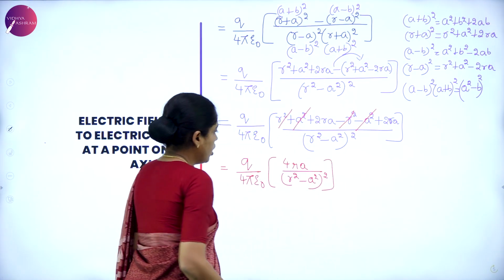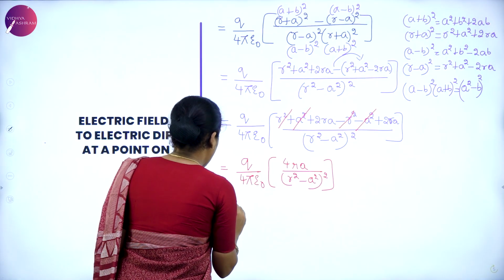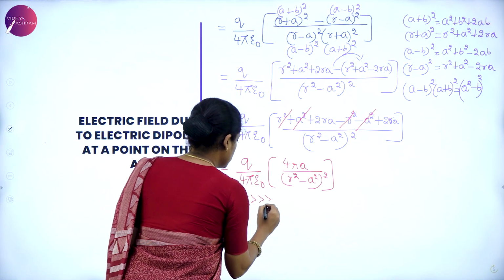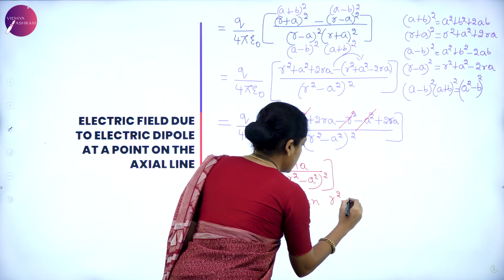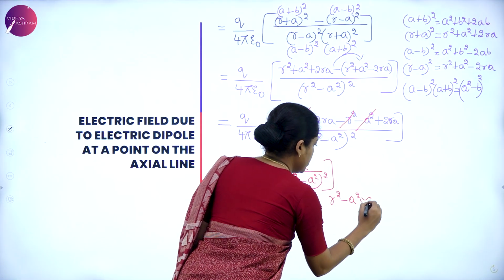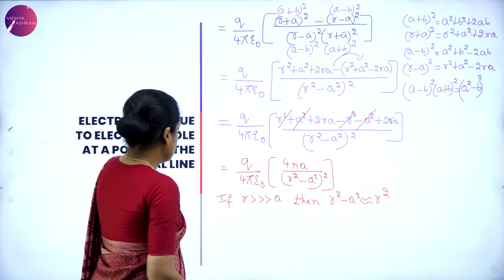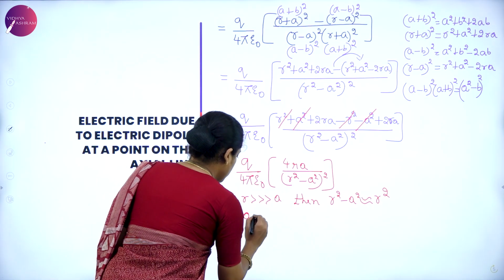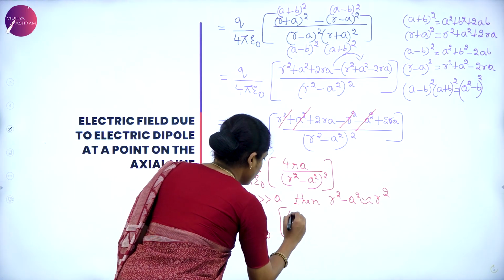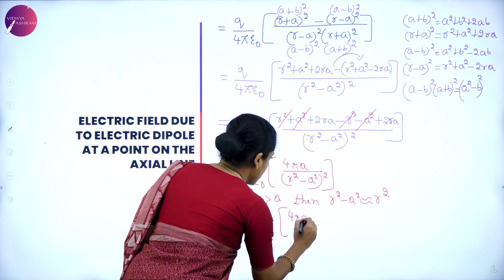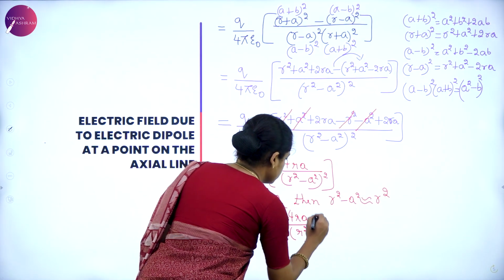And here a very important condition, you have to consider this: if R is very much greater than A, then R square minus A square will be approximately equal to R square. So, in the next step, you'll get Q by 4 pi epsilon naught of 4RA divided by (R square) whole square.